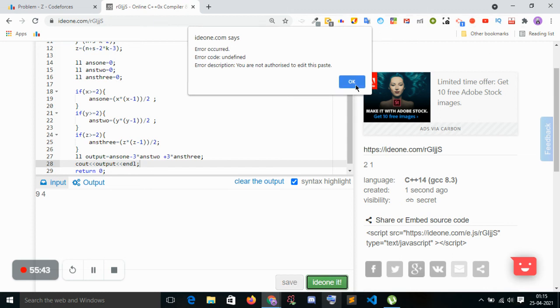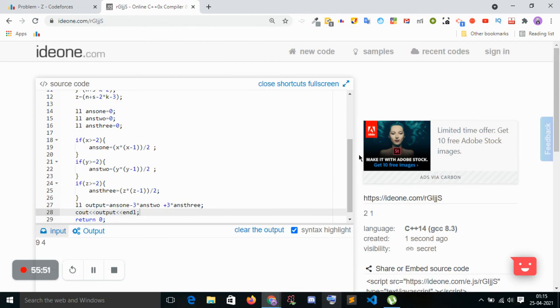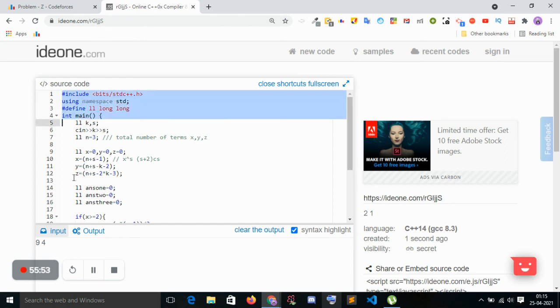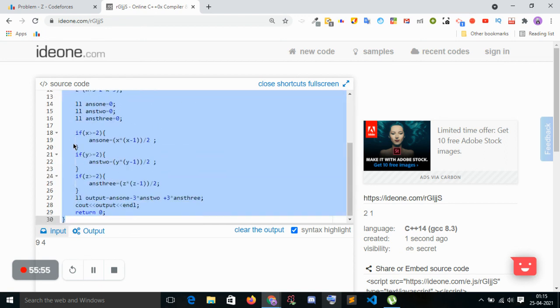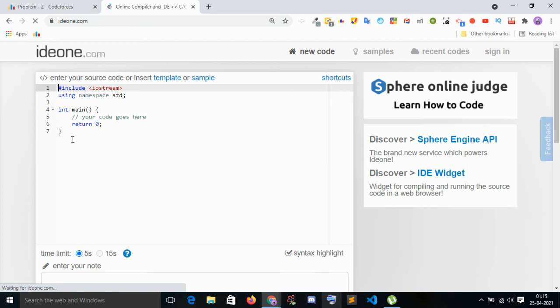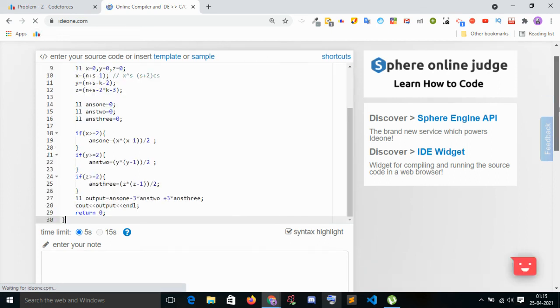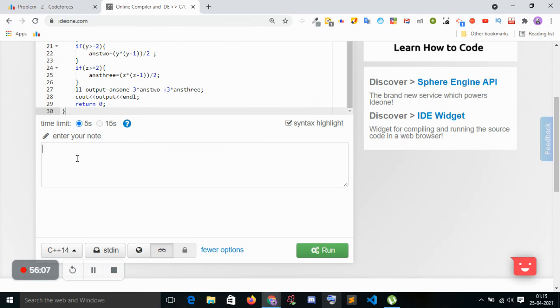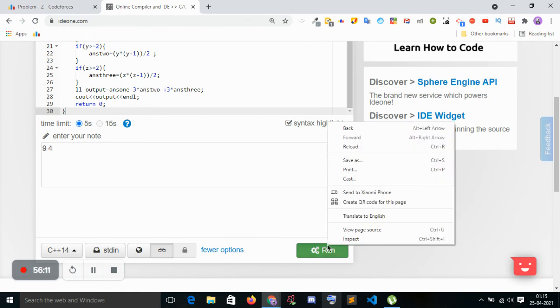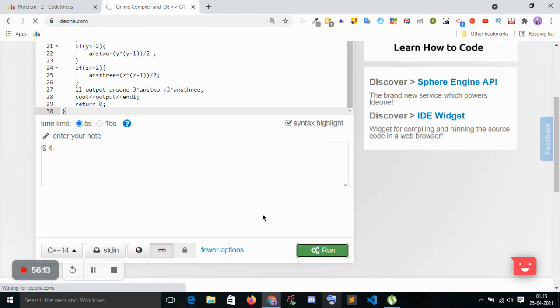Okay, let's try. A little bit slow internet. So this is 9 and 4. Do you understand what the difference between these formulas is?